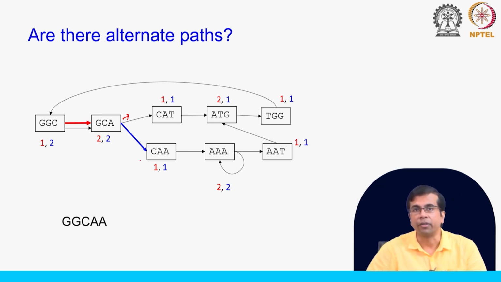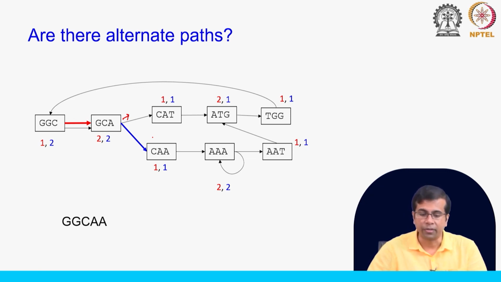What happens if we traverse through this branch, which is highlighted by this blue color arrow? Let us traverse through that and see whether there is an Eulerian path, and if there is, let us find the reference sequence for that path.